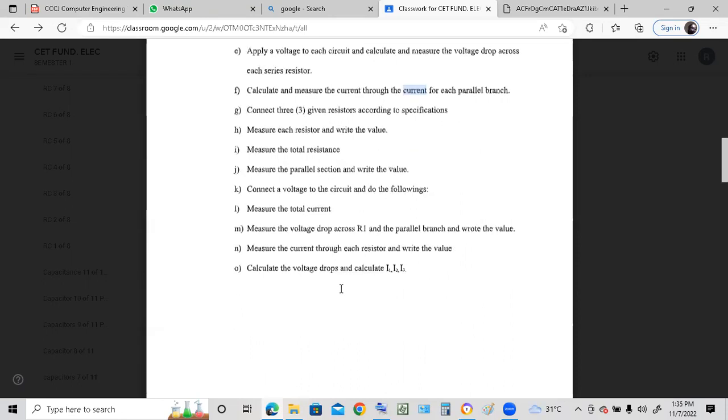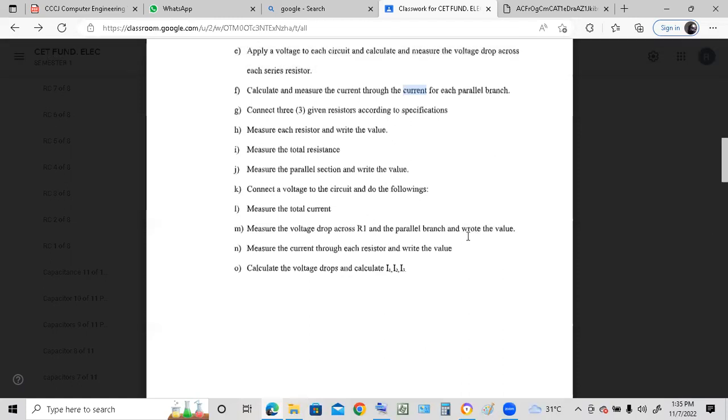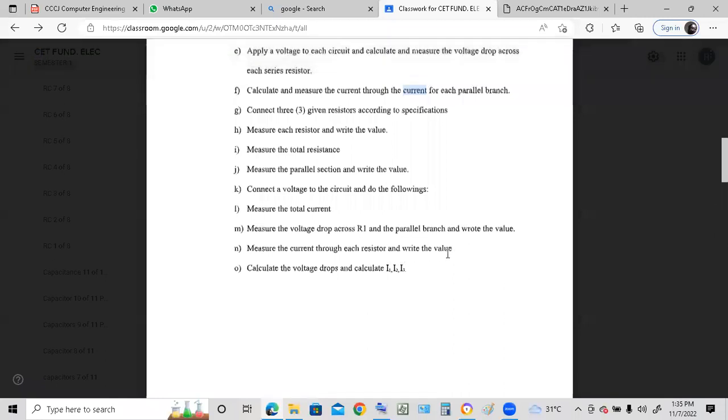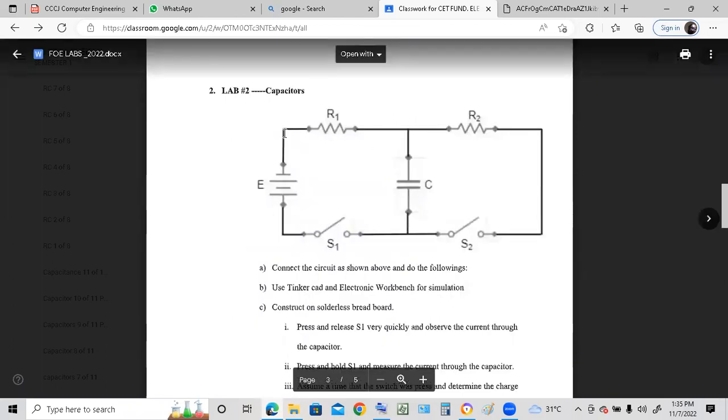Measure the voltage across R1 and the parallel branch and write the value. I don't know what the voltage is. So measure the current through each resistor and write the value. Calculate the voltage drop and calculate I1, I2, and I3. For lab 2, this is capacitors. So you're going to have to set up a circuit like this in the simulator.